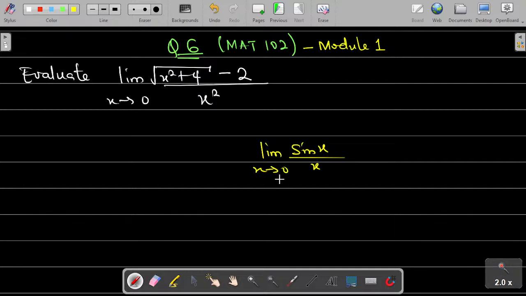If I do a direct substitution of x as 0, sine 0 is 0, and the denominator is 0. So when you have such a case, you apply L'Hopital's rule if simplification cannot work. Of course, you cannot simplify sine x into any other thing. It worked in the one I did above, because I could simplify it to something where I can cancel out the x plus 2 that is below.